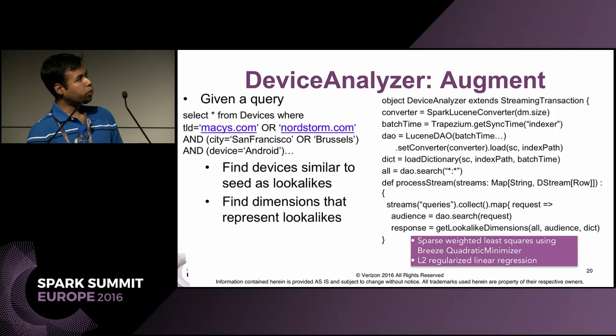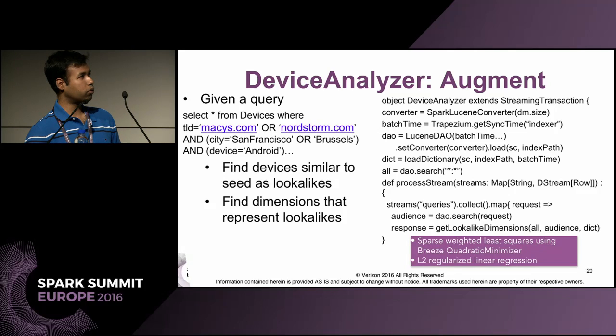The rest of the flow, the process stream and persist stream, are the same. The only difference is the algorithm choice we made. One of the key differences you will find is that there is something called DAO.search star. LuceneDAO is going to give you all the documents that matched.